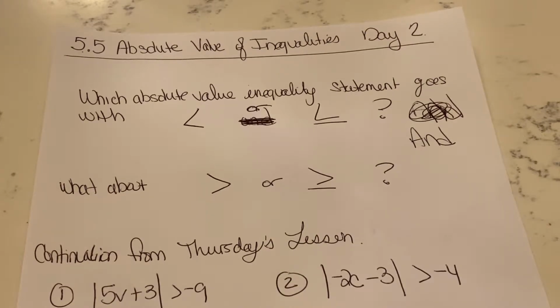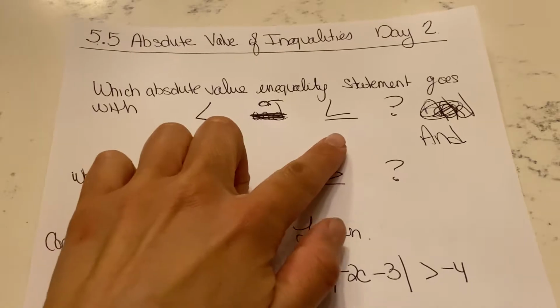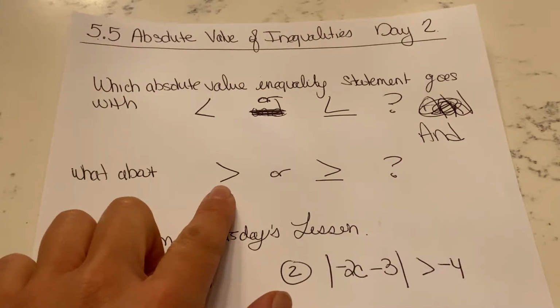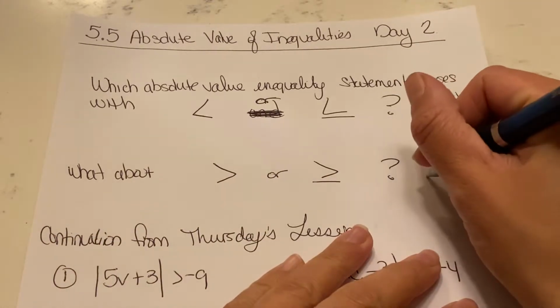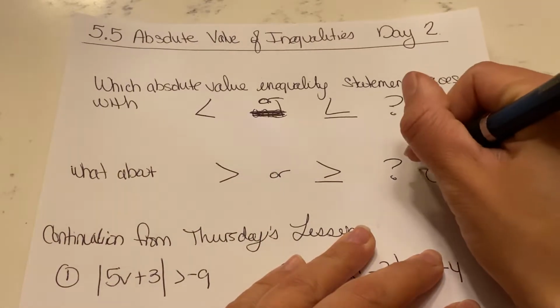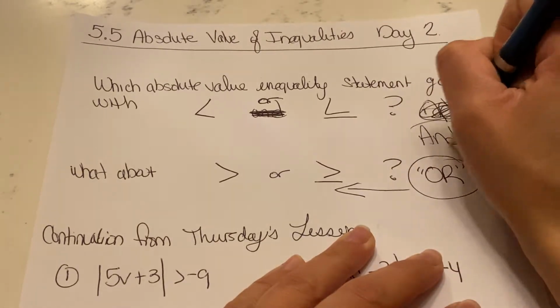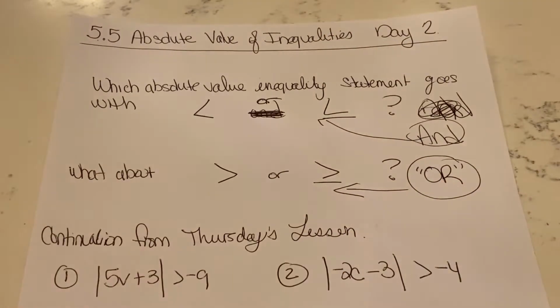I don't know where you saw that. You could either have an and or you can either have an or. Okay. So less than will always be an and statement. A greater than will represent an or. Okay. So or goes with greater and and goes with less than.